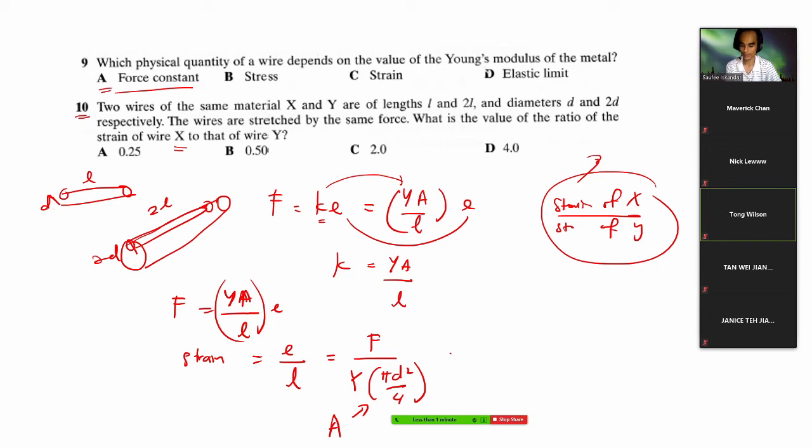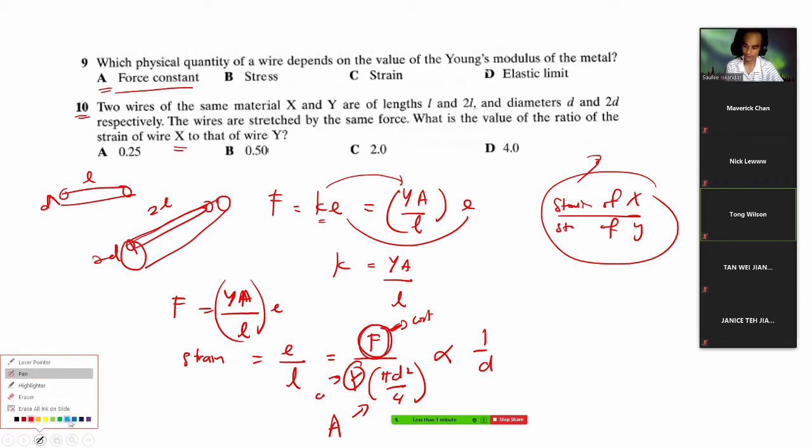So it's directly proportional to 1 over d squared. Because the force is constant, this is constant. How do you know the force is constant? Because it was mentioned in the question.